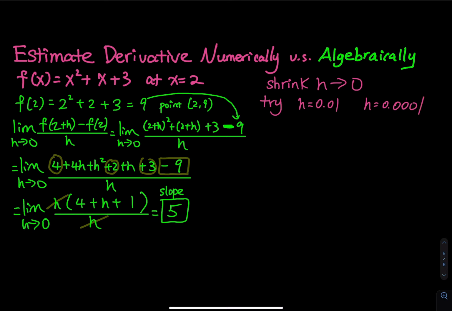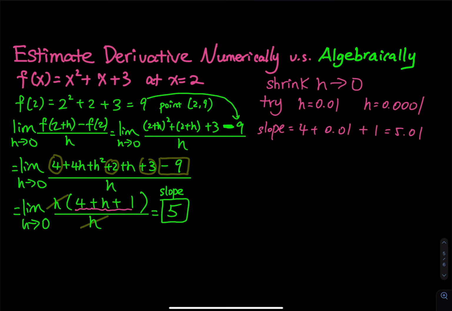So what happened when we plug those in? When h equals 0.01, I will just use this piece, and then we will have a slope equal to 4 plus 0.01, and then plus 1, so that is 5.01, right?